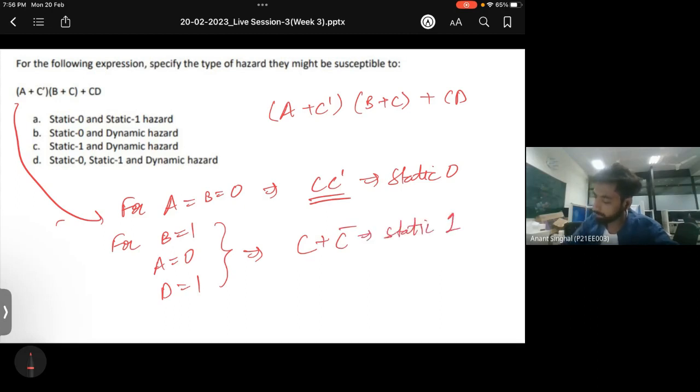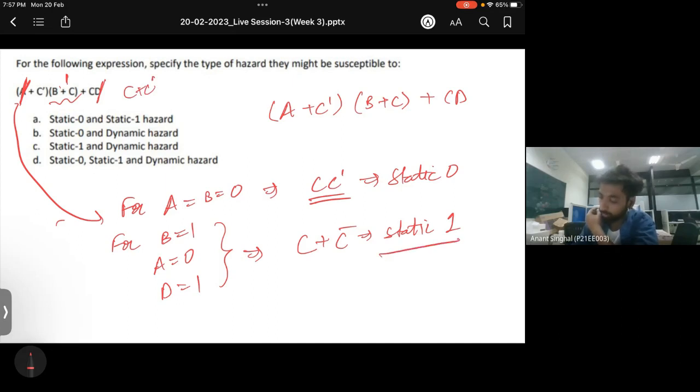I hope it is clear. If I take a as 0, this will be gone. B as 1, so this whole term will be 1. And d as 1, so it will give c plus c bar. So we can have a static 1 error also.